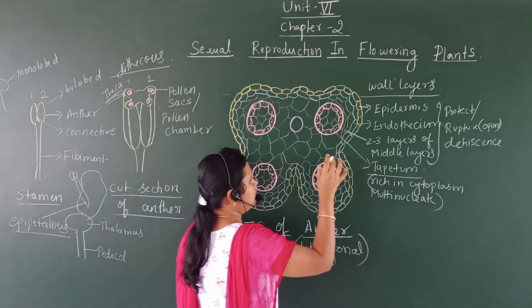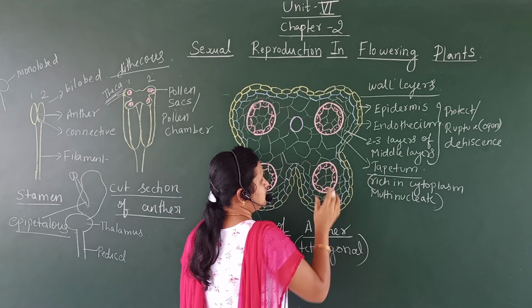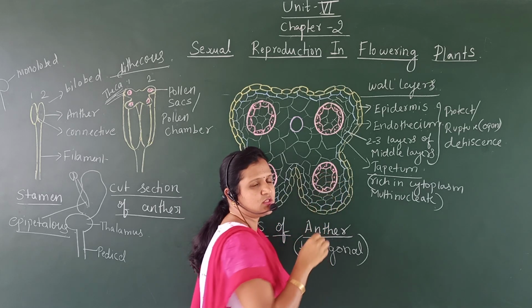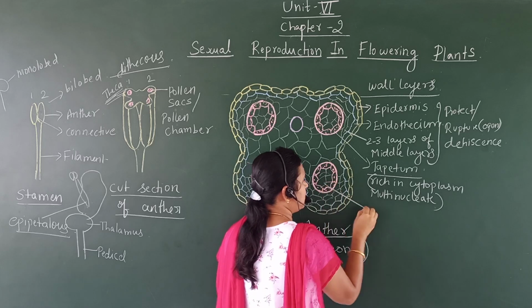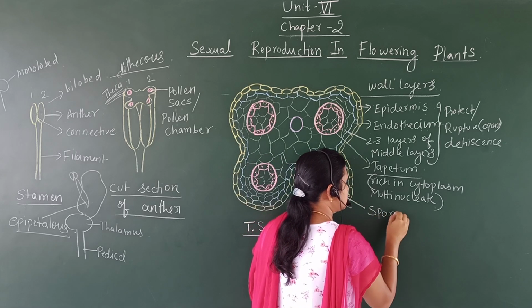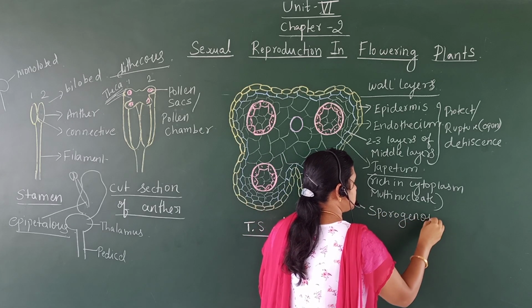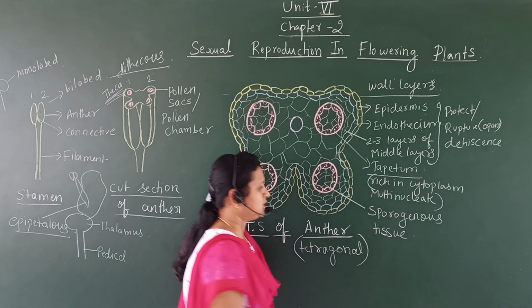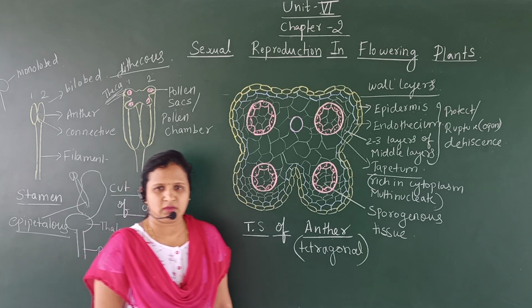And next, one more part in the anther, inside the tapetum, a mass of cells which is present is called sporogenous tissue. From this tissue only, later, the pollen grains are going to develop.